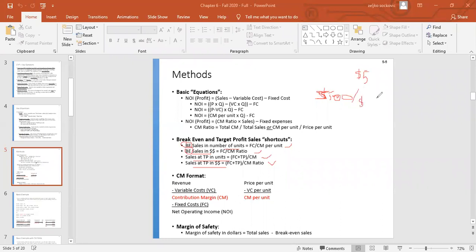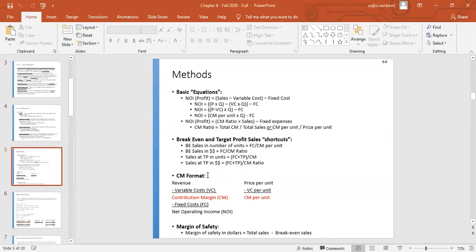You divide this by $5 per unit, so you get 100 units. That would be your sales in units. Sales in units, 100 units. Sales in dollars, $500. How do you know? Well, 100 units, you're selling each for $5, so that's $500. Okay, this is good so far. Anybody else? Thank you.